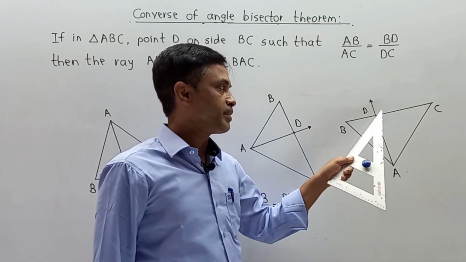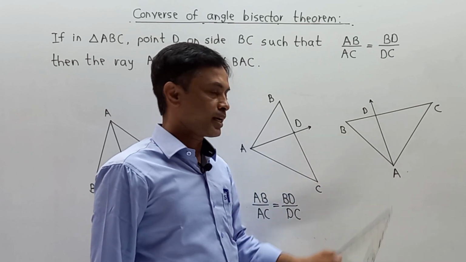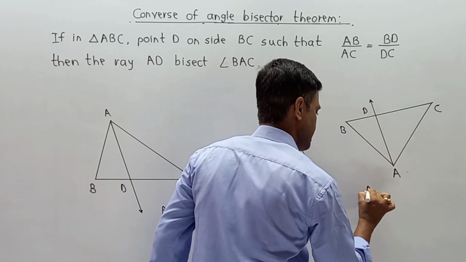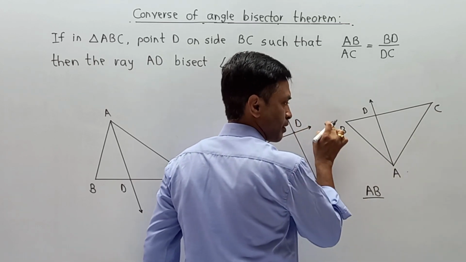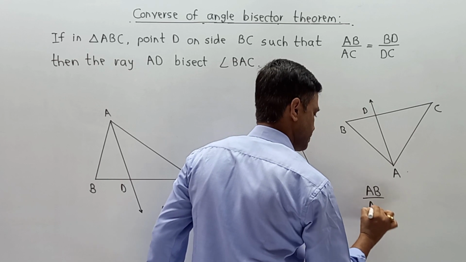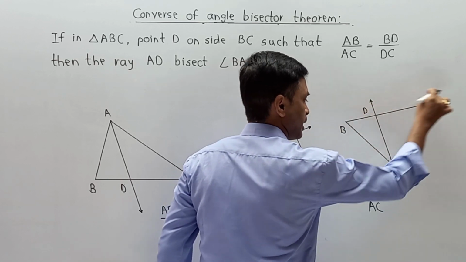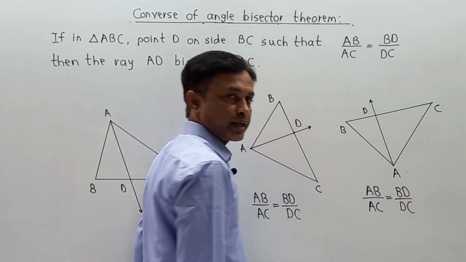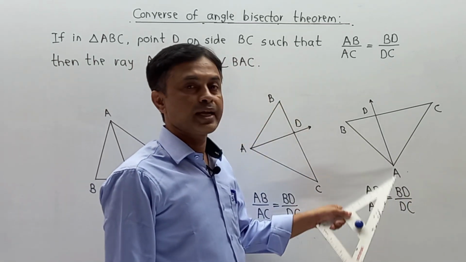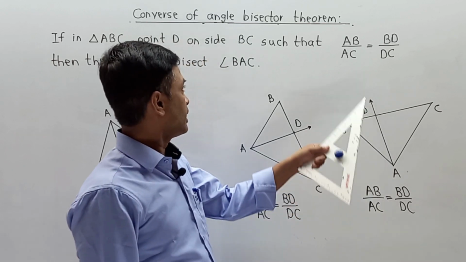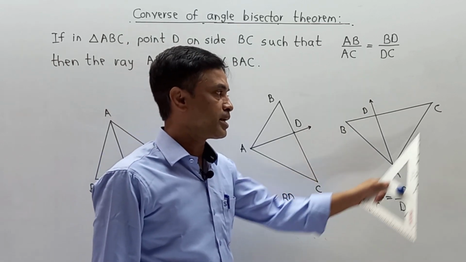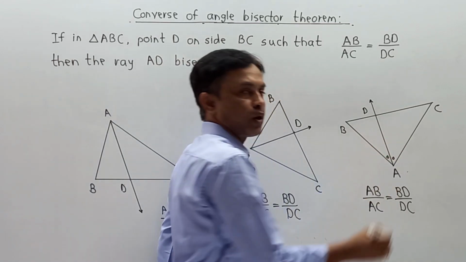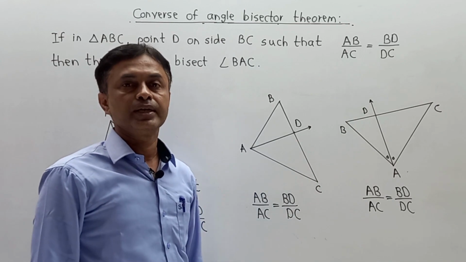Now on BC we have taken a point D such that our condition remains the same: AB upon AC is equal to BD upon DC. In that case, ray AD is an angle bisector of angle BAC. Here automatically these two angles are equal or congruent, and in this way you can complete the part.